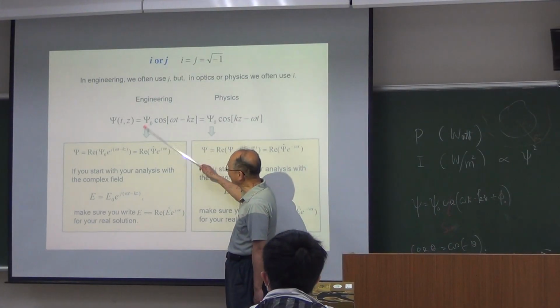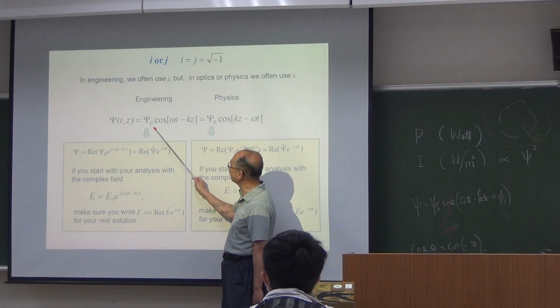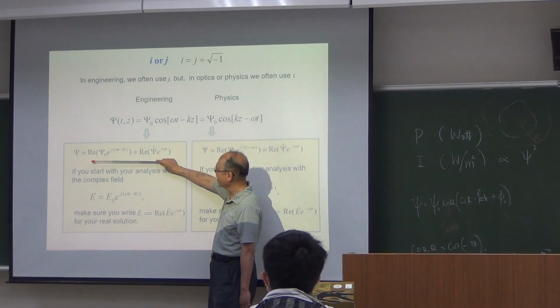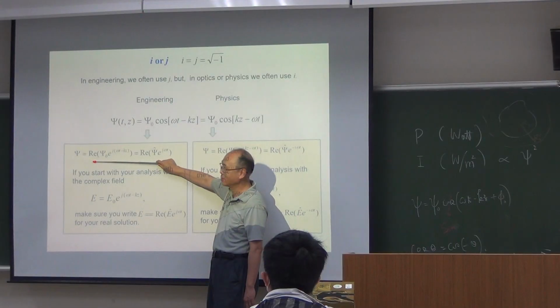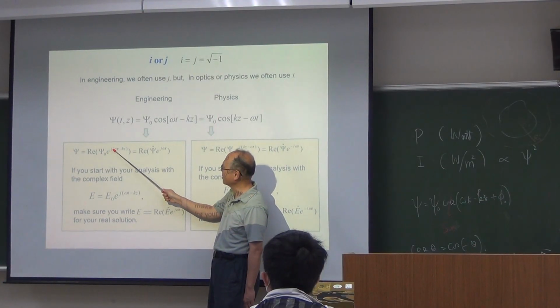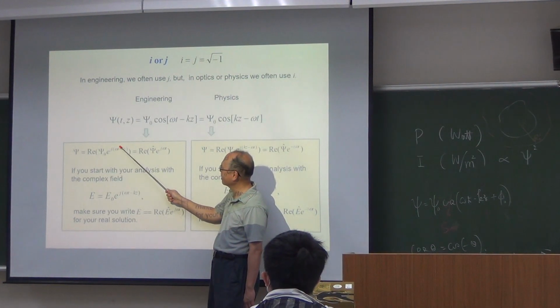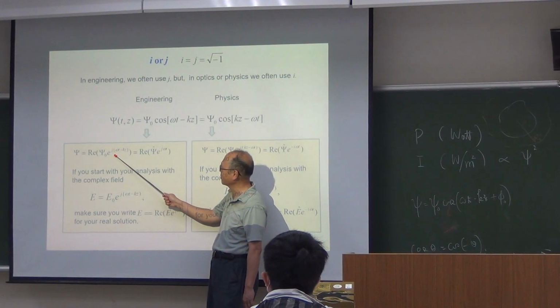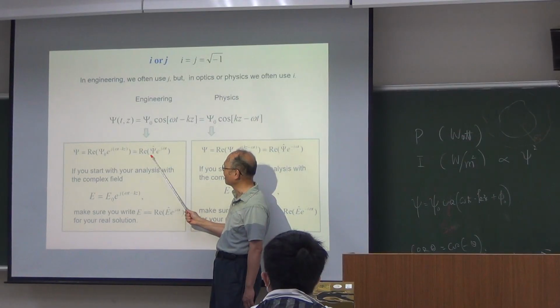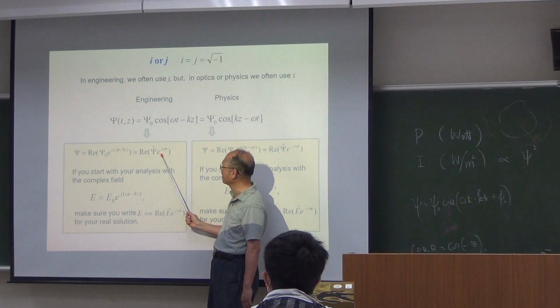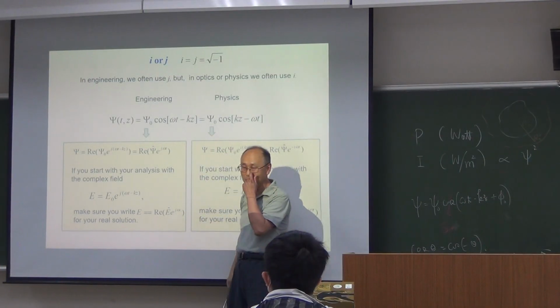In engineering textbook, if I write this as a real signal, I'm going to end up having these complex notations. This is exponential j omega t minus kz. And then if I extract this temporal function, and then keep everything inside this, what we call phasor, then you end up having this result.